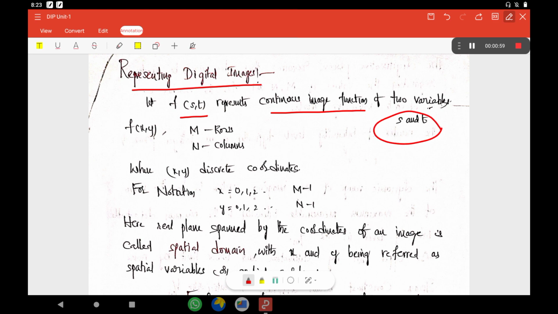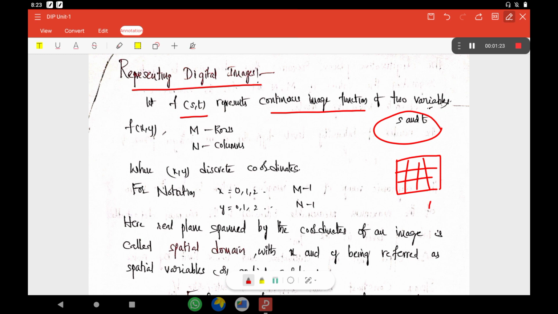S comma t are the spatial coordinates in the case of the continuous image. Obviously, an image is a two-dimensional function, consisting of some number of rows and columns, in a matrix format.